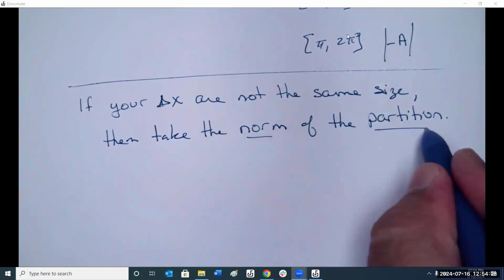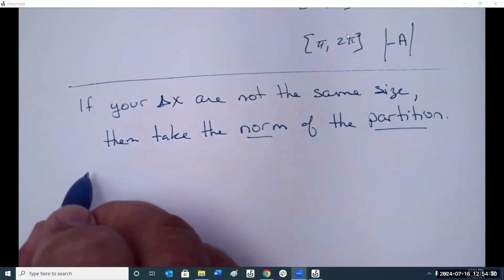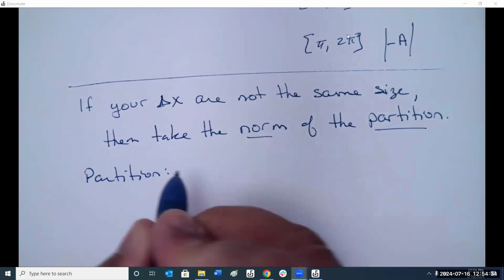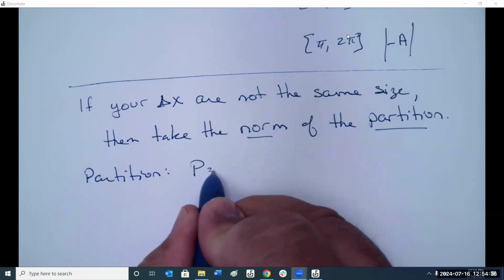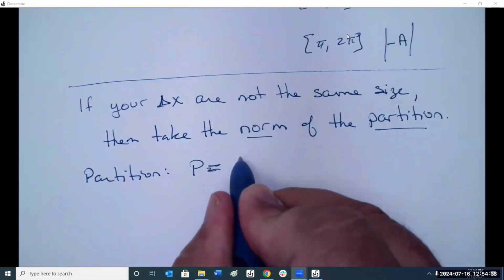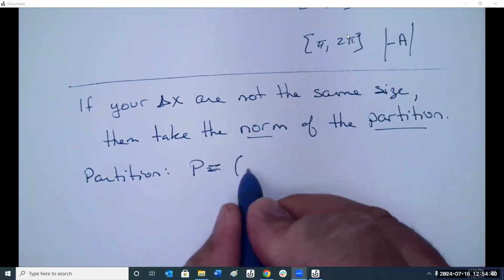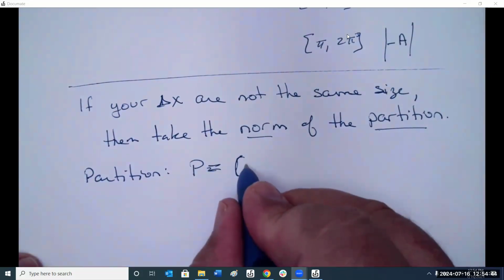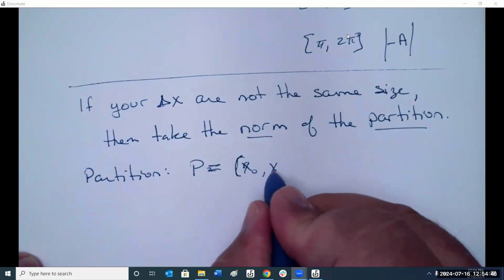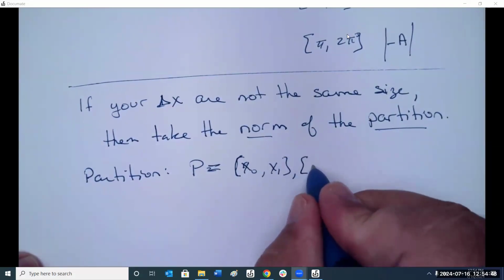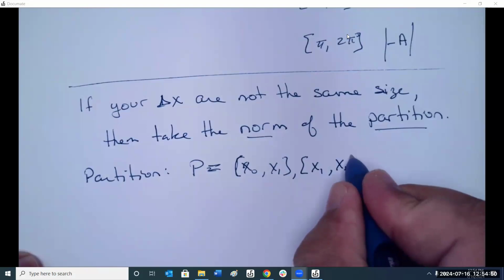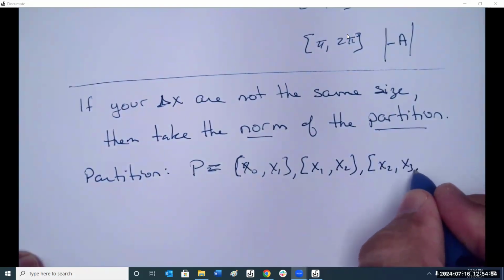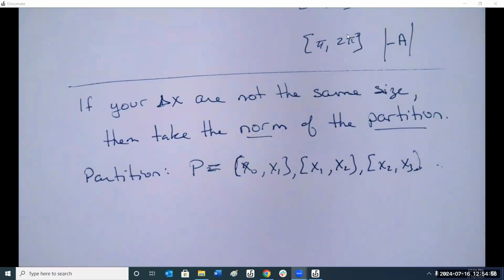Here we're introducing two new words. Partition is simply all of your intervals, from x sub 0 to x sub 1, x sub 1 to x sub 2, x sub 2 to x sub 3, and so on and so forth.